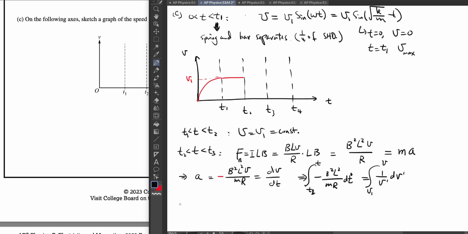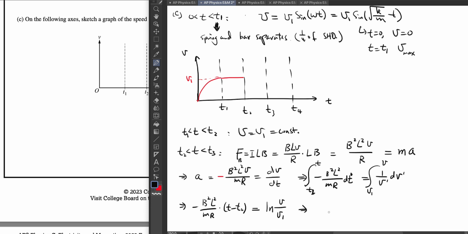So this integral on the left side, we have negative b squared L squared over mr, times t minus t2, equals the right side, which is a log function, log of v over v1. Okay, so now let's rearrange these terms. Let's make an exponential here and then get v over v1.